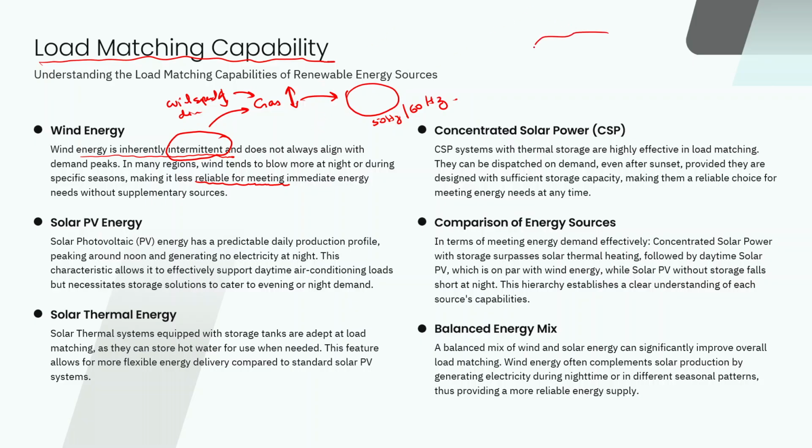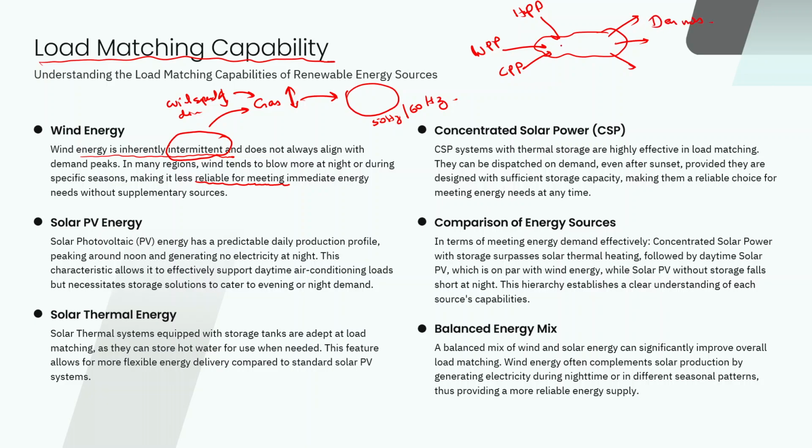Because in the grid, you have energy coming in from various power plants, right? Say wind power plants, hydro power plants, coal power plants, and so on. On the other hand, you have demand from different loads, right?